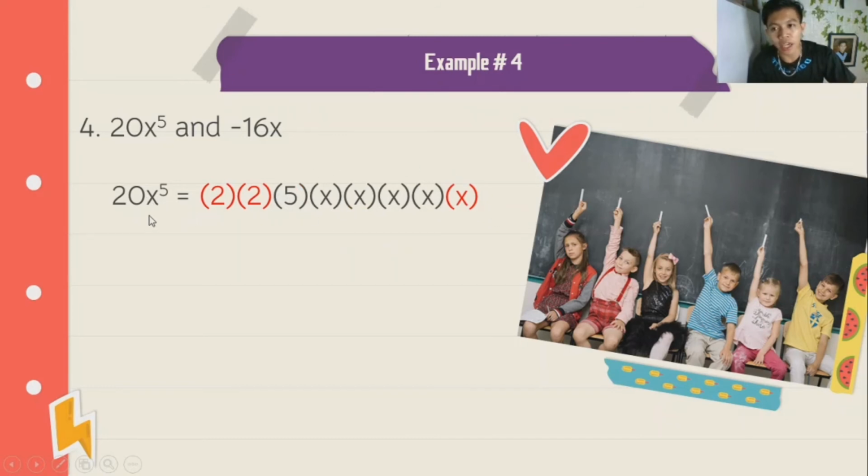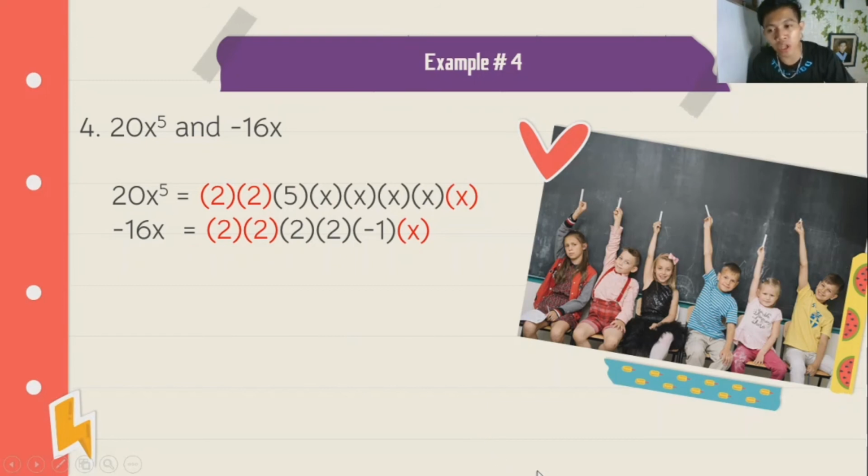And then, si negative 16x, that is 2 times 2 times 2 times 2 times negative 1 times x. Check nga natin. 2 times 2, 4 times 2, 8 times 2, 16 times negative 1, negative 16 times x, negative 16x. So, tama yung factors natin dito.